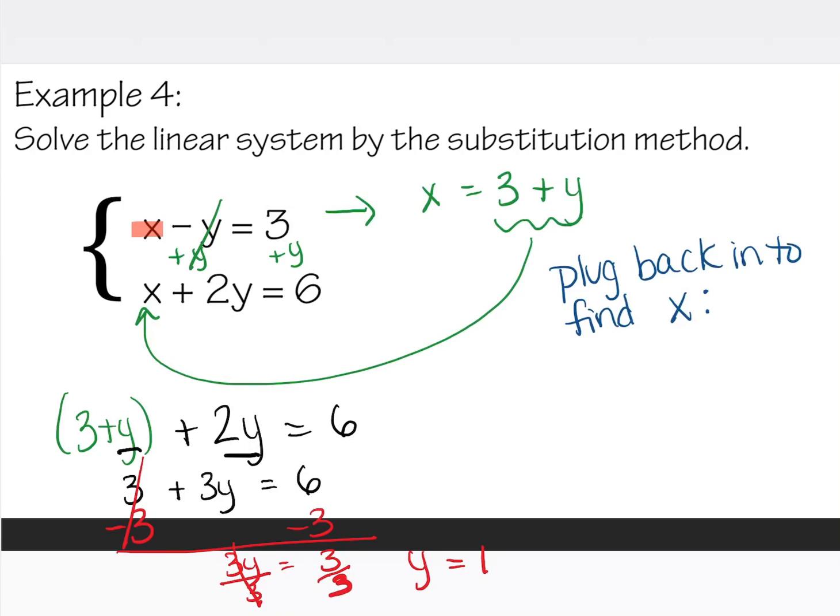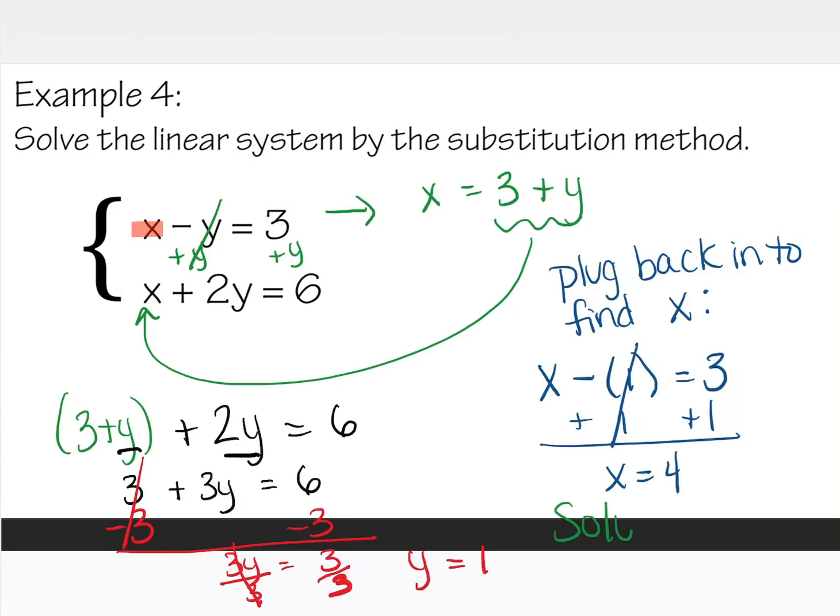So let's choose this first equation here. We're going to have x minus 1 should give us 3. Add 1 to both sides, and x should equal 4. So my solution is 4, 1. There you go.